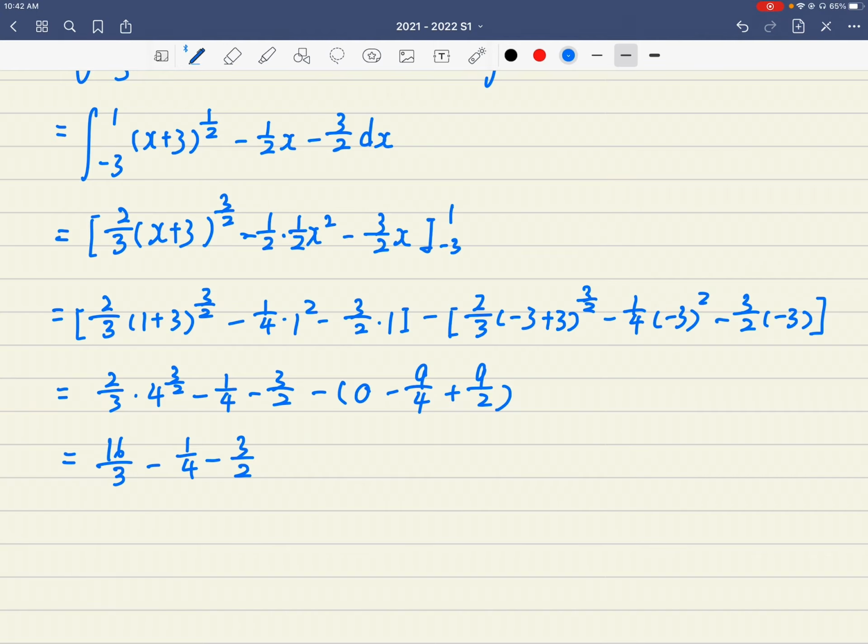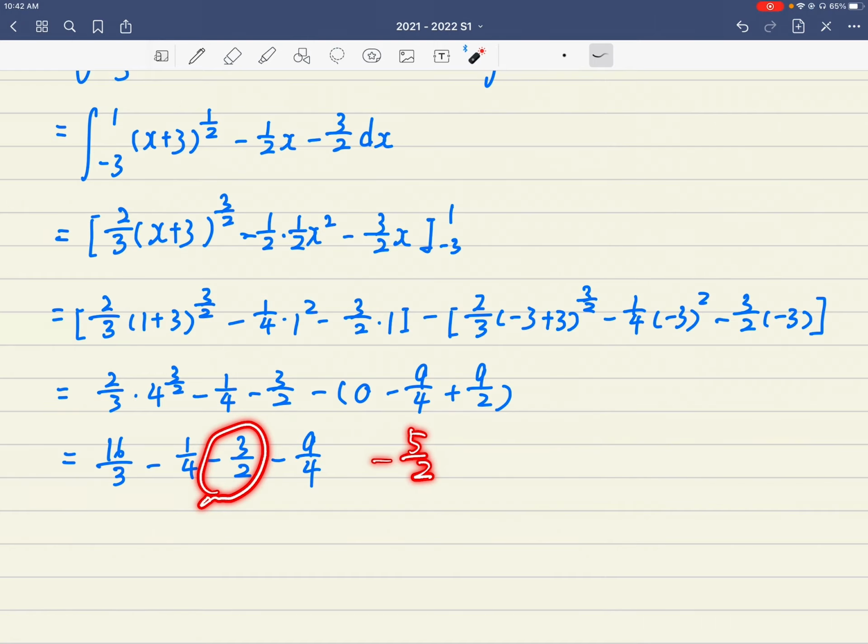Here, 9 over 2 minus 9 over 4 is 9 over 4, so we subtract 9 over 4. This part becomes minus 10 over 4, which is minus 5 over 2. Then minus 3 over 2 gives minus 4. So it's just 16 over 3 minus 4, which is 4 over 3.